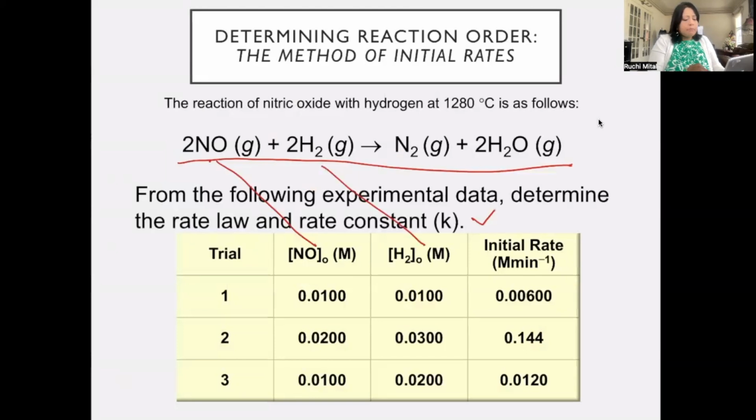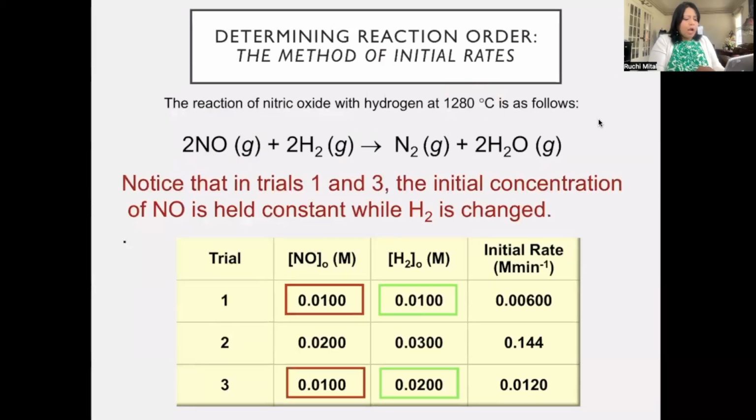You are going to compare the change in the concentrations of the reactants with their initial rates, correct? So now let's see how we're going to do that. And always when the reactions are given, you're going to be given the temperature. Why? Because your rate constant K is dependent on the temperature.